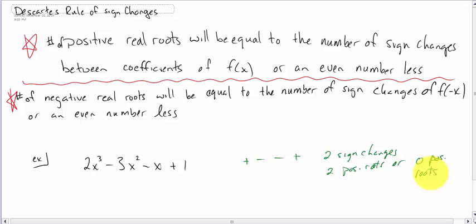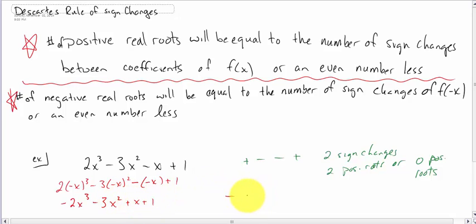Now, the other side of this, we can also know the number of negative real roots. That will be equal to the number of sign changes of f of negative x, or an even number less. So if I find f of negative x, the first term is going to be negative 2x to the third minus 3x squared plus x plus 1.